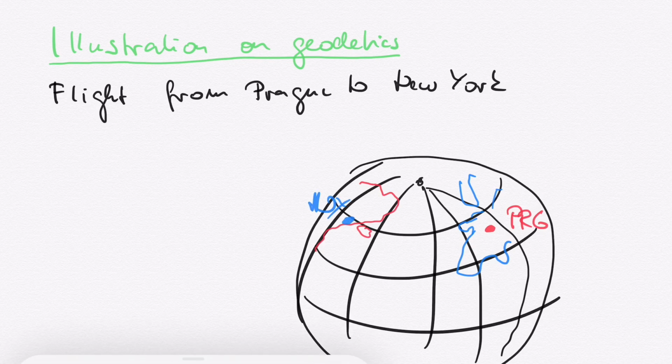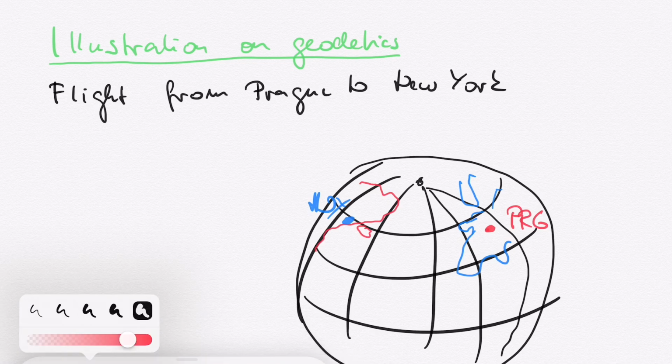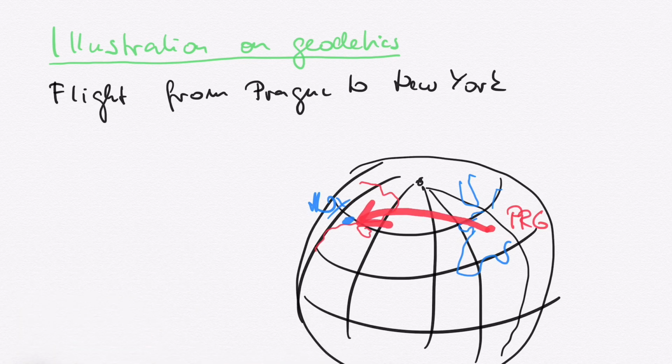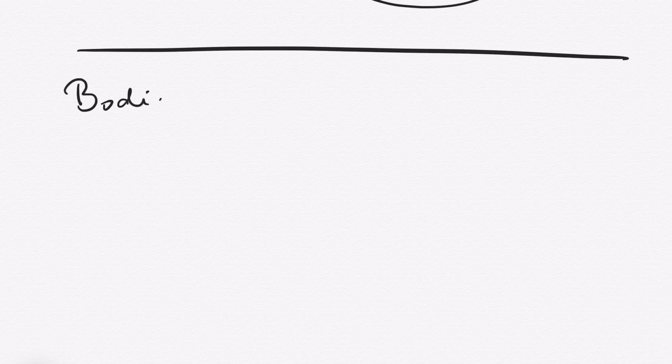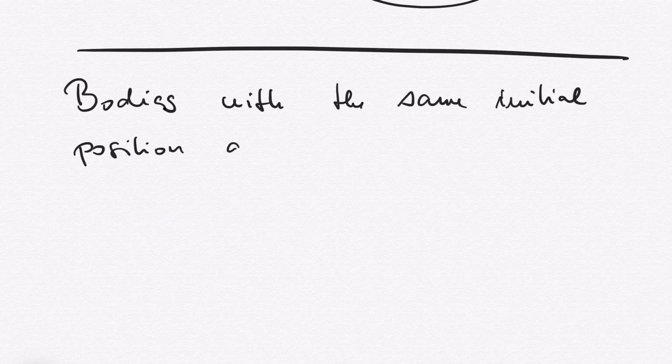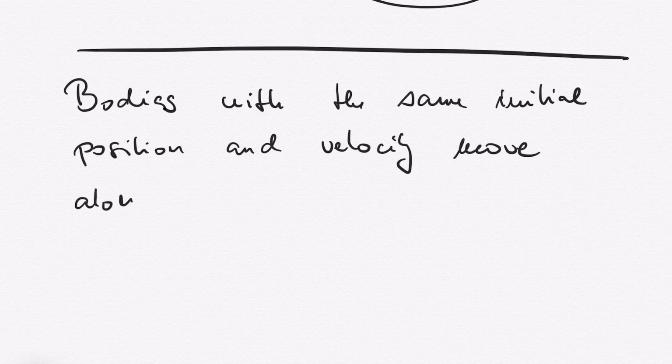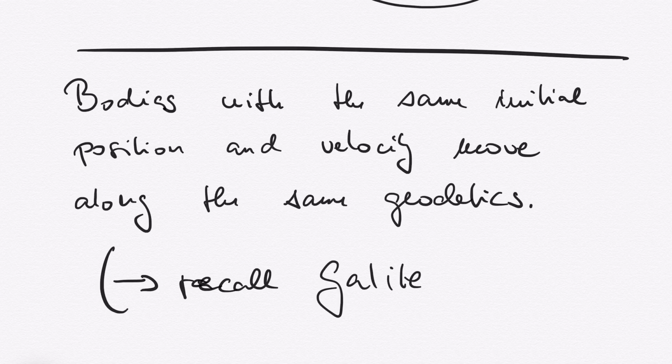When you fly the shortest distance and look at the globe, it's not a straight line at all, it's actually curved, but it's the shortest distance on the globe. So this is a geodesic. And with the help of geodesics, we reformulate the Galilei principle by saying that bodies with the same initial position and velocity move along the same geodesics.